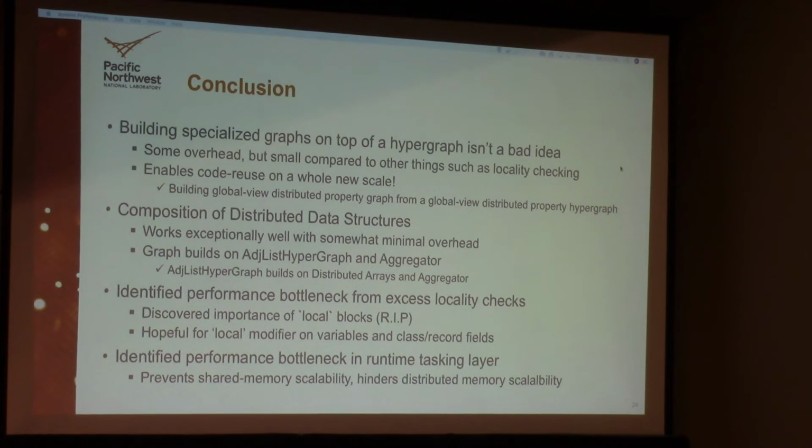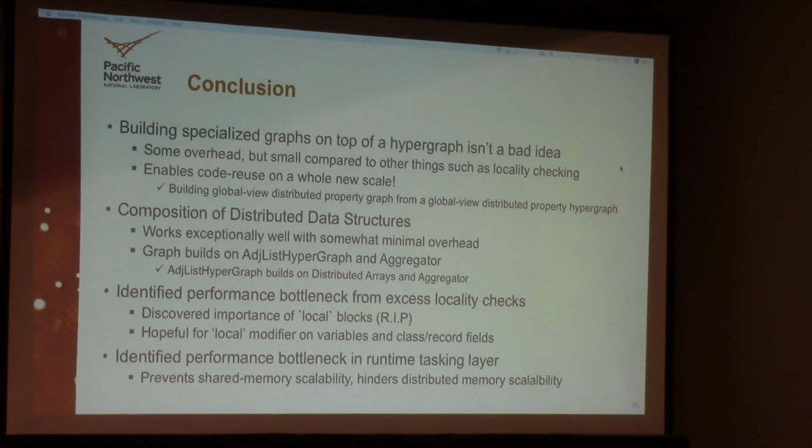And this composition of distributed data structures works exceptionally well. There's some overhead as shown, but again, it's not as bad as you would think. Both of them use the aggregator and so on and so forth.